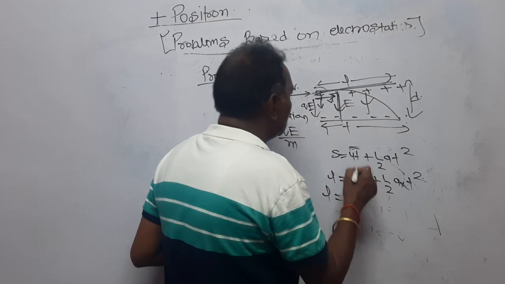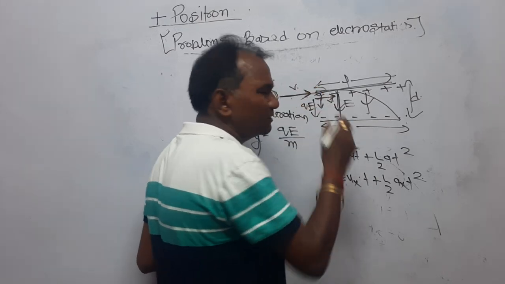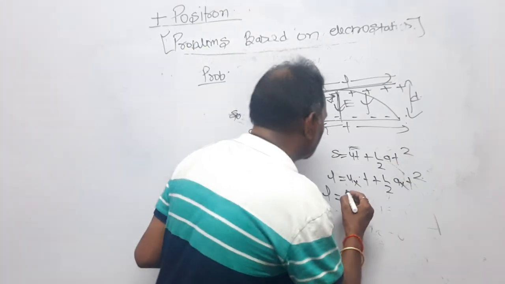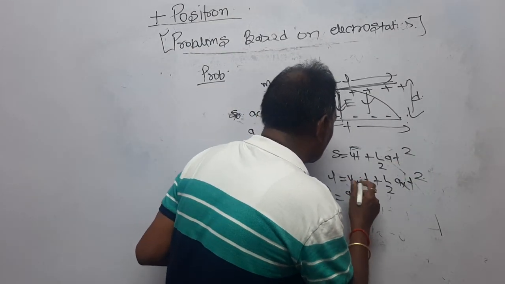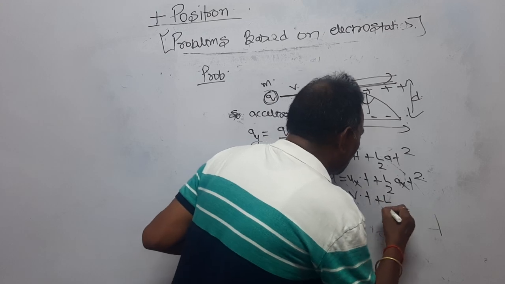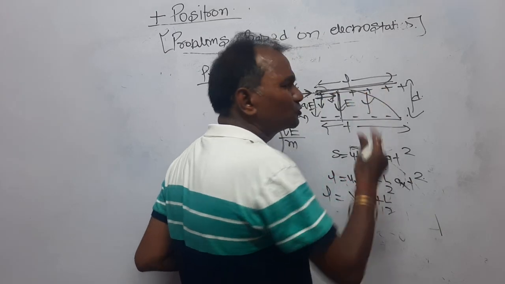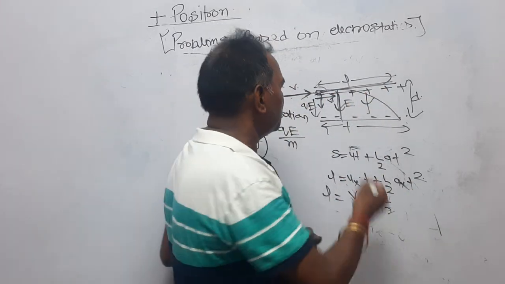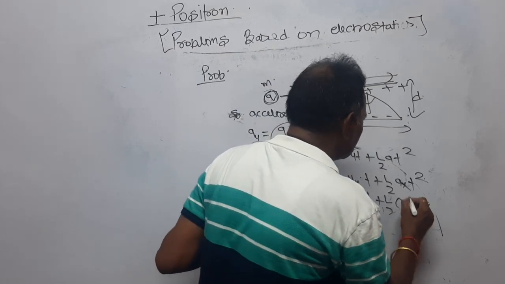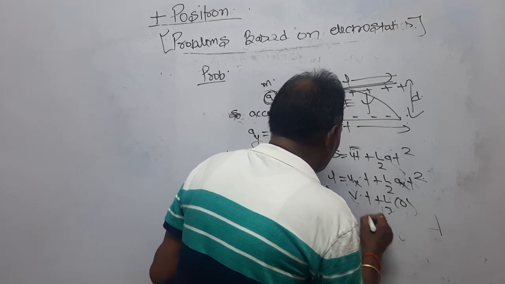Here ux is the horizontal velocity, meaning the velocity with which the charge enters between the plates, that is v, into t, plus half ax. There is no horizontal acceleration. A vertical acceleration is acting, that is q upon m. So ax is 0. So t is equal to L upon v simply.